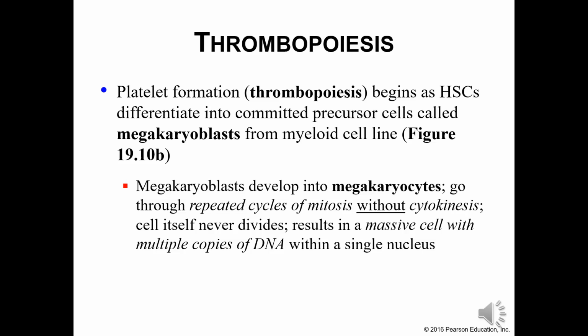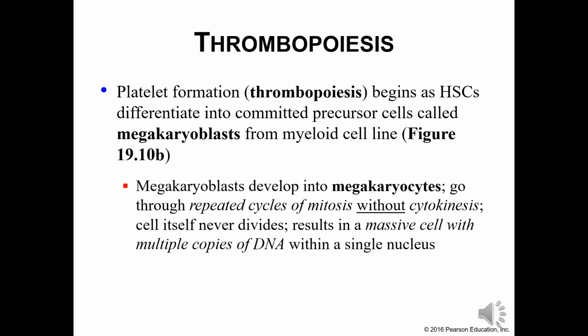Megakaryoblasts then become megakaryocytes. Remember, mega means large, karyo refers to nuclear. They go through repeated mitotic cycles without any cytokinesis. And remember, cytokinesis is the splitting of the cell membrane and the cytoplasm. So when you have repeated cycles of mitosis without cytokinesis, you're going to have a multinucleated cell.